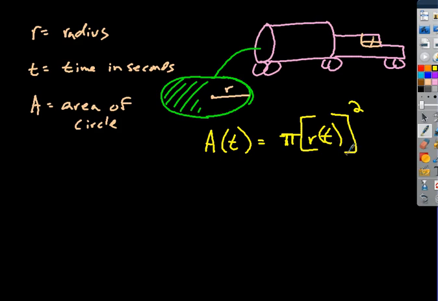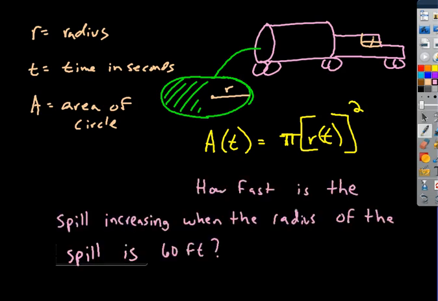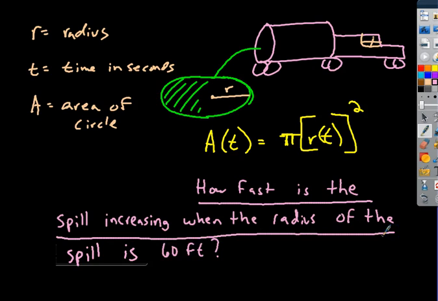All right, so let's refer back to the question to recall what our goal is. This is what we want to answer: determine how fast the spill is increasing when the radius of the spill is 60 feet. So how fast tells me I'm looking for speed or velocity, which tells me I'm looking for a derivative.